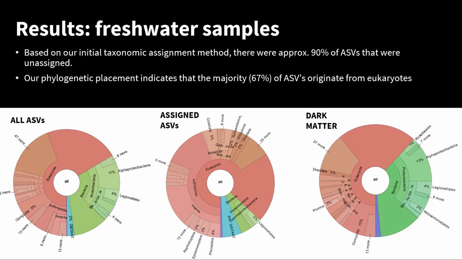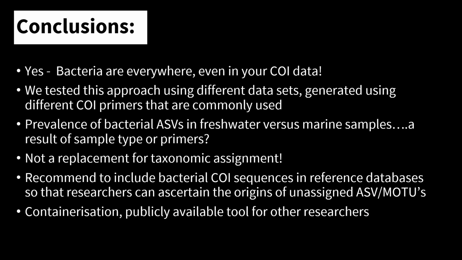Regardless of whether we look at the marine or the freshwater samples, and their variable proportions of bacterial placements, it's still clear that ASVs of bacterial origins contribute a large amount to the CO1 metabarcoding data. On that note, I think we can conclude that bacteria are everywhere and they are in your CO1 data.